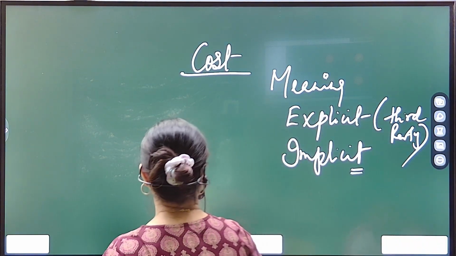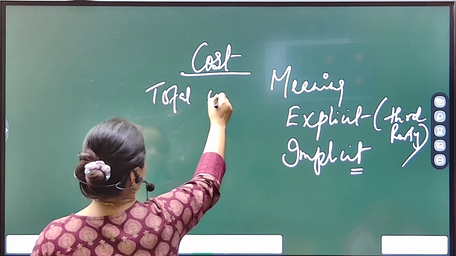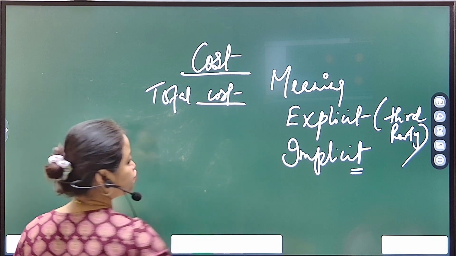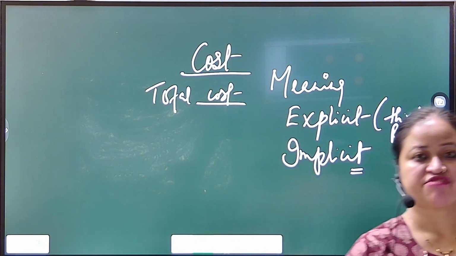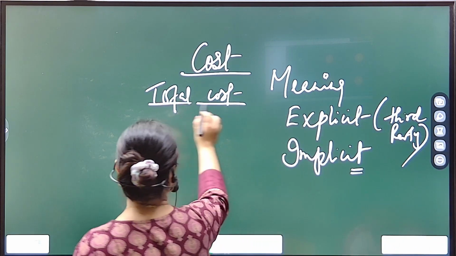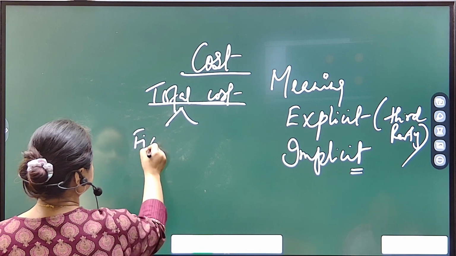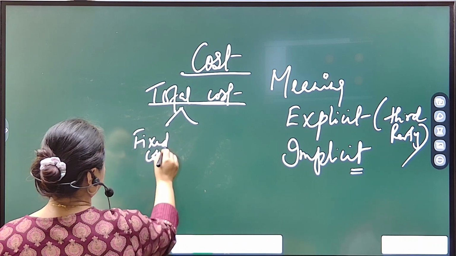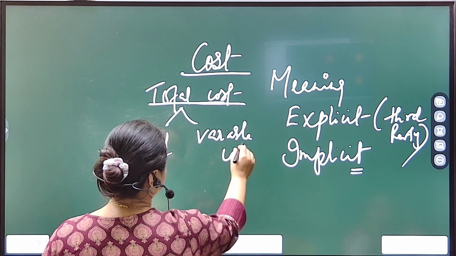Okay, so today we will be discussing total cost. Total cost is the combination of what? Fixed cost and variable cost. So whenever we talk about total cost, what is included? Fixed cost and variable cost.